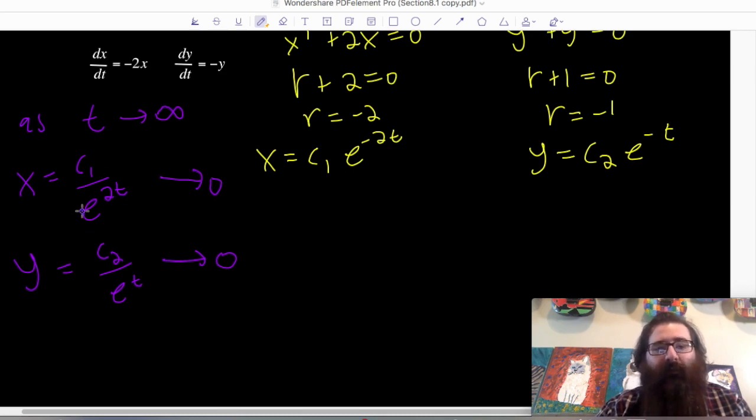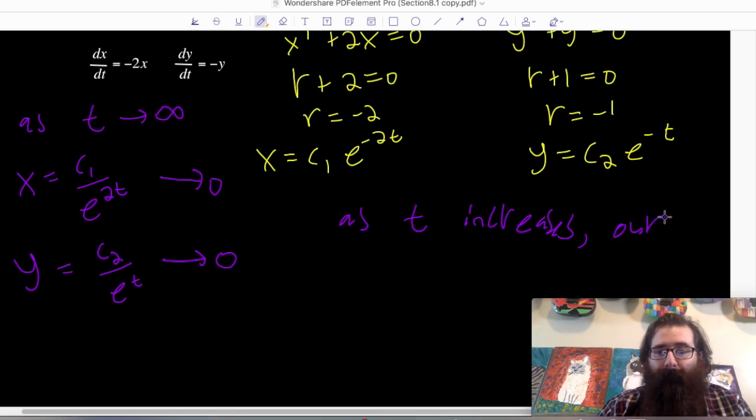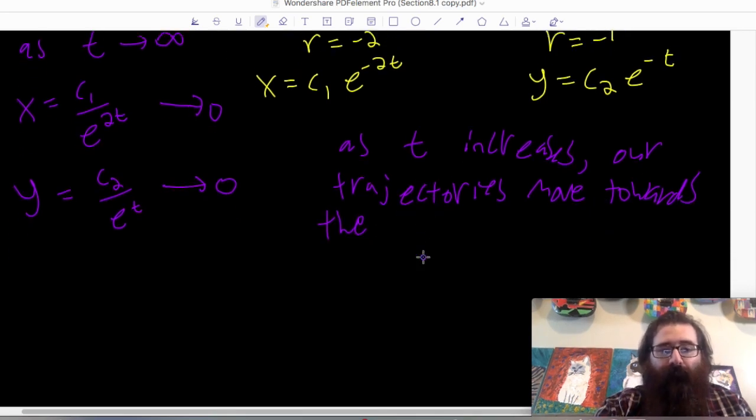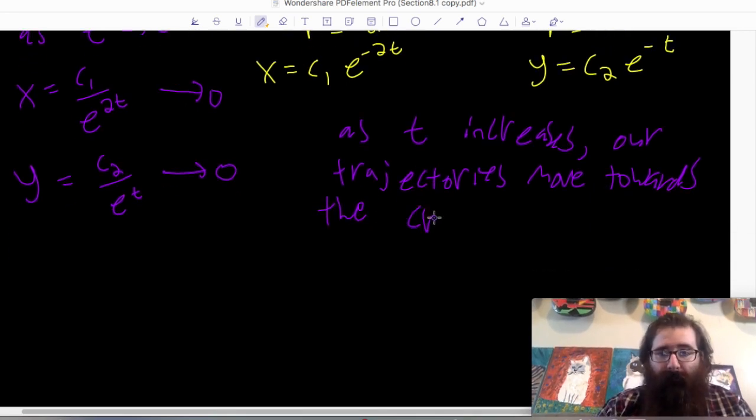Similar to the last example, the exponential function is unbounded as t goes to infinity, and dividing by it gives us smaller and smaller values. So as t increases, our trajectories move towards the critical point.